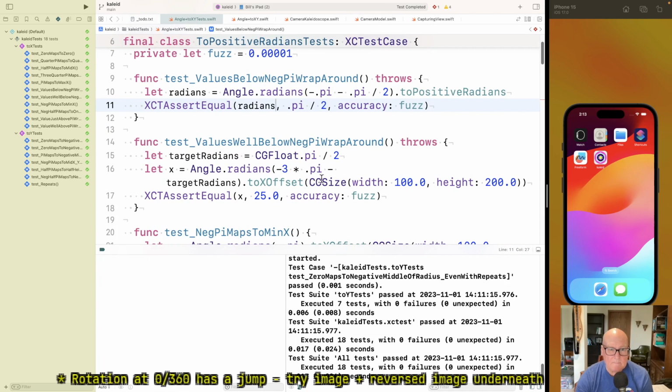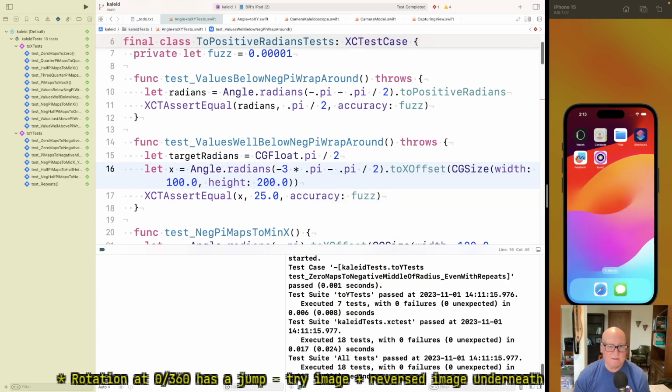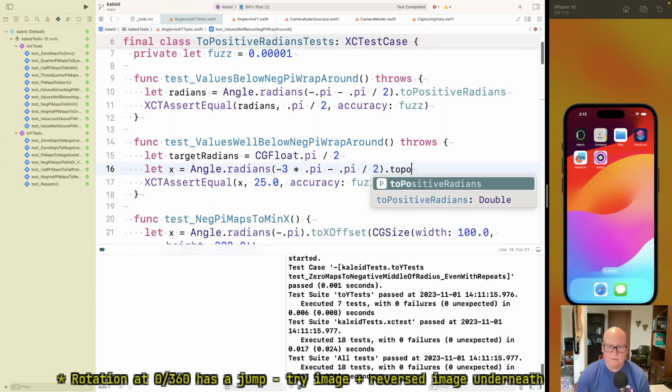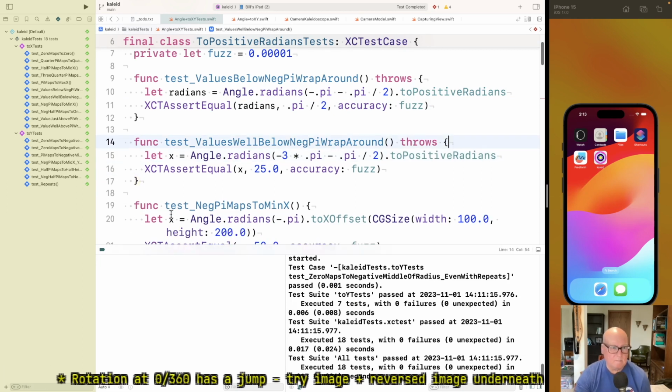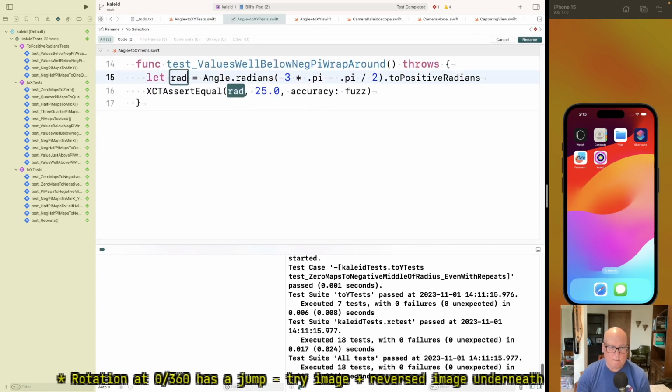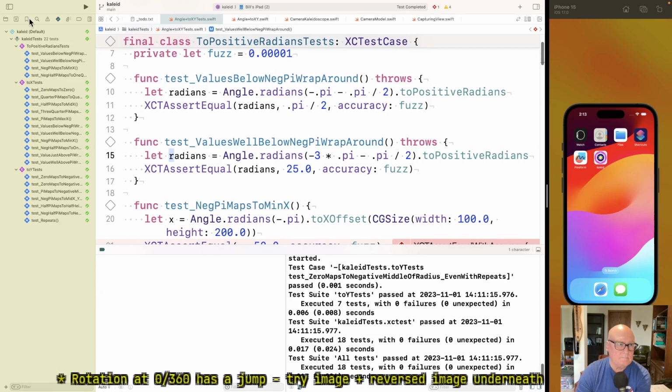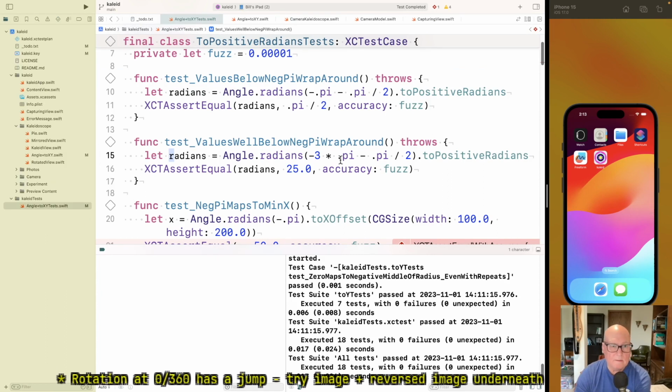Okay. 3 pi, I don't know, I'm going back and forth on this, but let's put it like this. Dot to positive radians. Okay. 3 pi minus pi over 2 should be minus 2 pi wraps around completely.